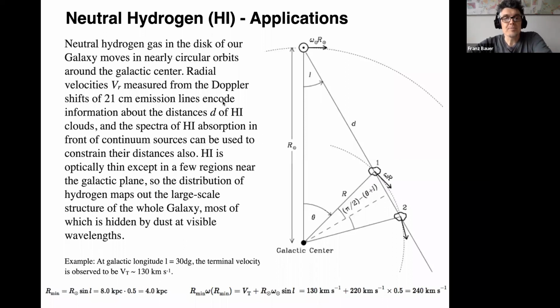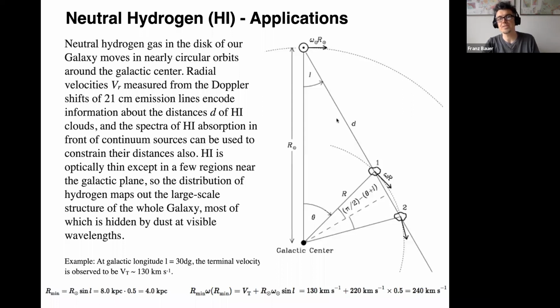Okay, so coming back to the fact that we see different velocities along the line of sight. If you have a model for the Milky Way, for instance, a model of the velocity profile as a function of radius, and we're looking along the line of sight, so let's say this is the sun, and we're here moving this way.